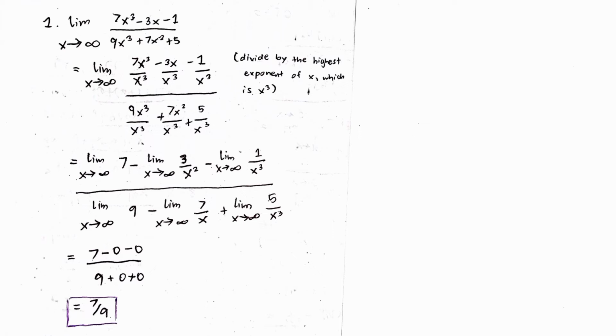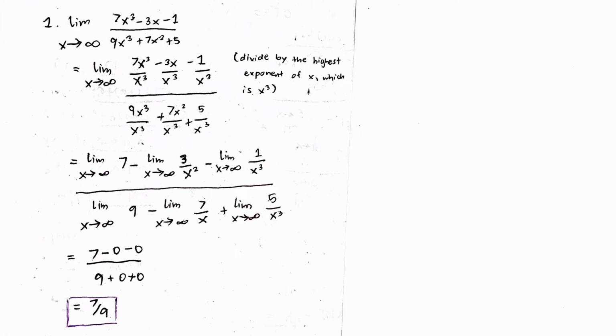7x cubed all over x cubed minus 3x all over x cubed minus 1 all over x cubed all over 9x cubed divided by x cubed plus 7x squared divided by x cubed plus 5x divided by x cubed as x approaches infinity.